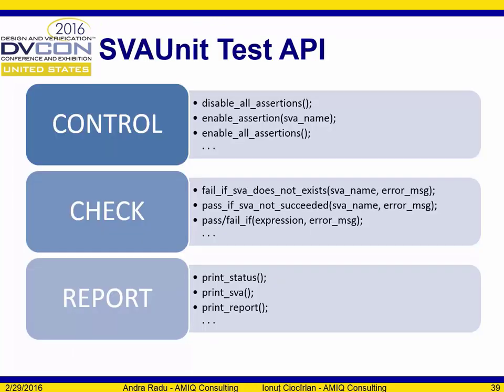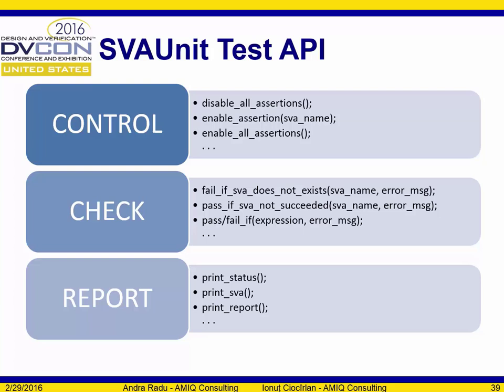Now, I've talked about the API, but I can show you more. We've split the API into three categories: a control API, a check API, and a report API. The control API contains functions that help you disable or enable the assertions. You have disable all assertions, which disables the assertions in the framework, for example what we used in the previous slides.